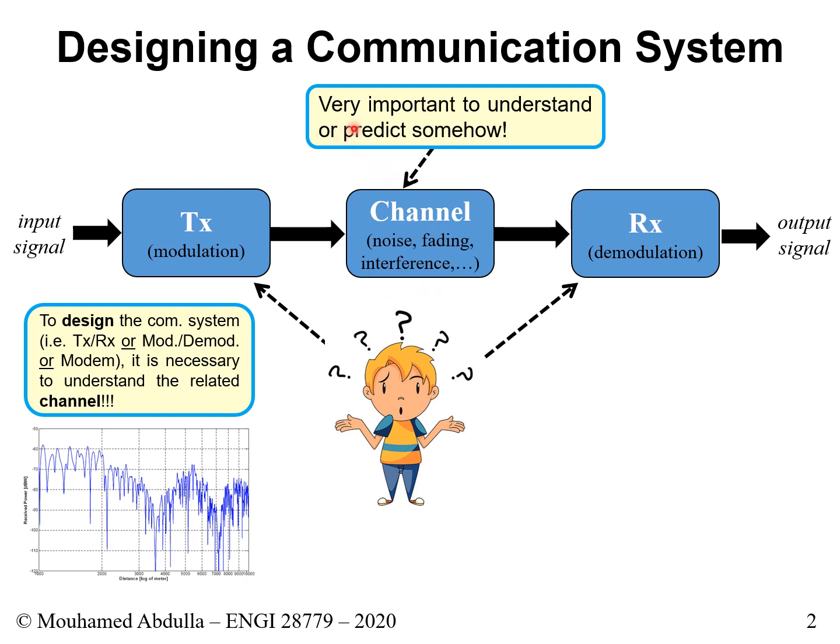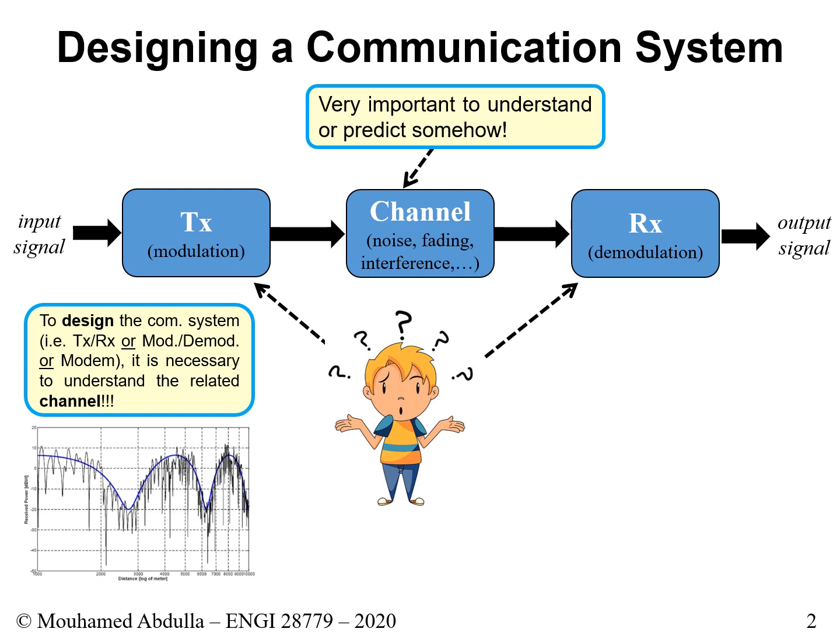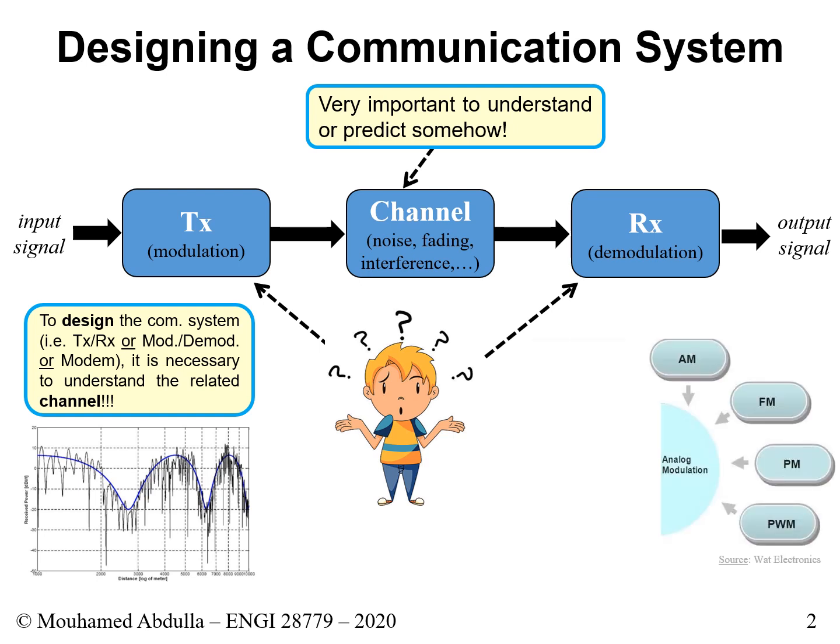Now, here, if you notice, I said it is very important to understand or predict somehow the channel. Now, how do you predict the channel if it's random? Well, there are different tools. There are different statistical tools that enable us to predict the channel sometimes. So, for instance, I could show you a picture here. This is also the channel, and in it we are able to detect the behavior of the channel.